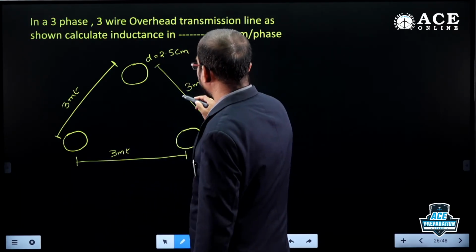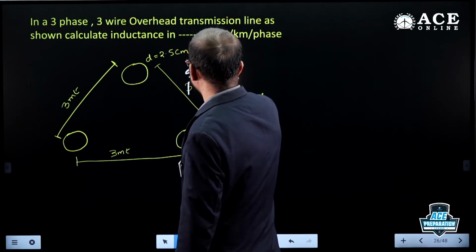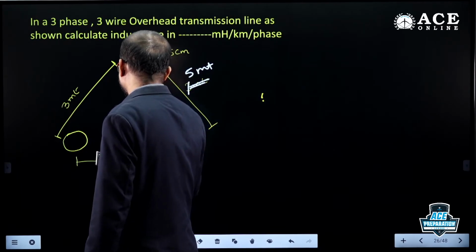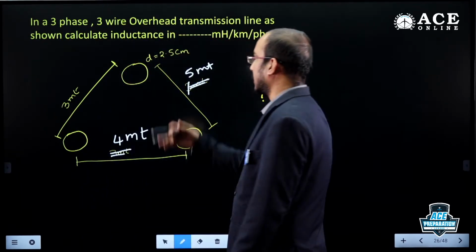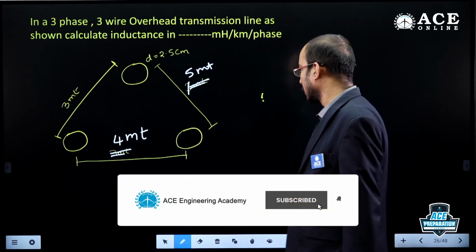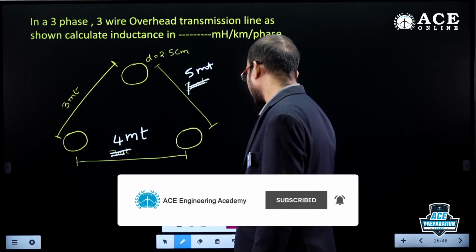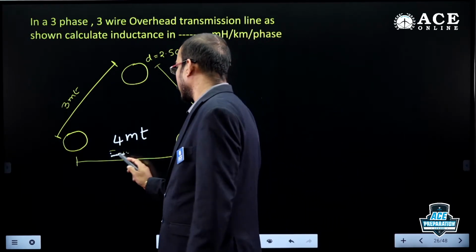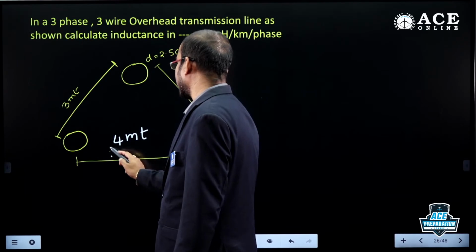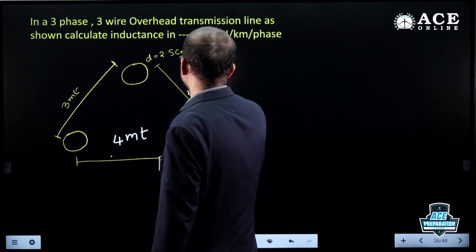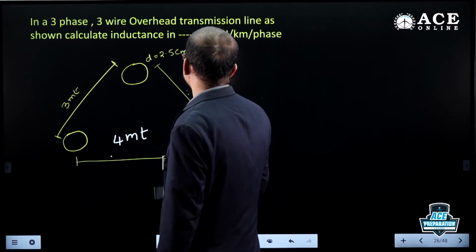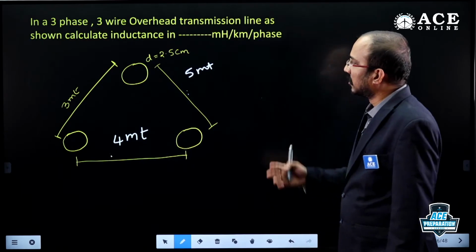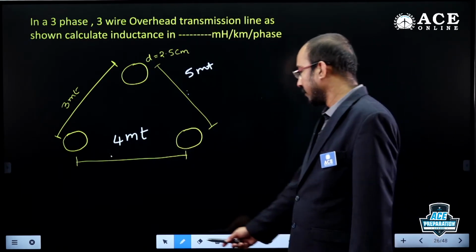So it is 5 meter, and it is 4 meter, and that is 3 meter. That is the representation required here. This is the given question. What is it asking to calculate here? Inductance per phase, in millihenry per kilometer per phase.